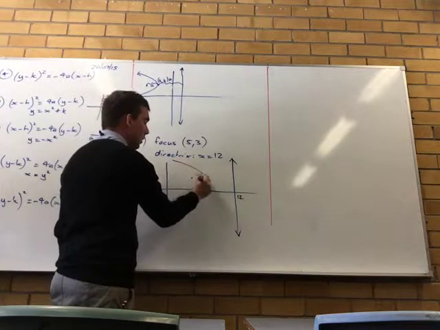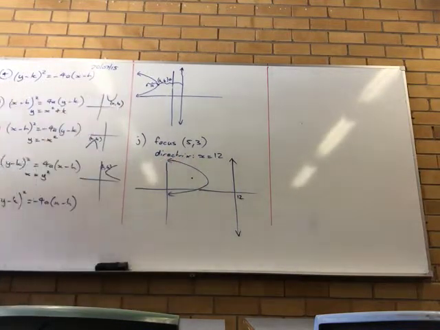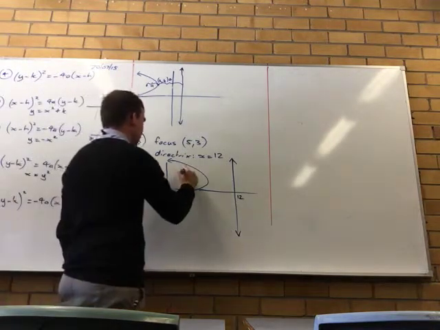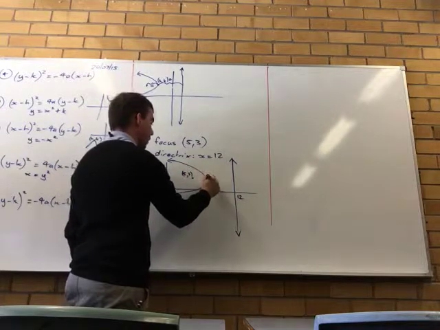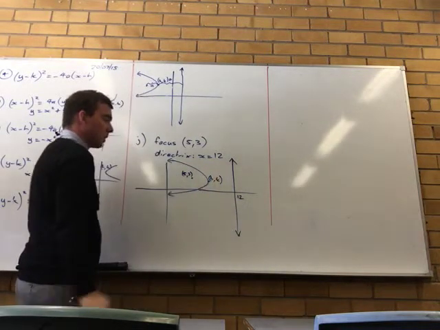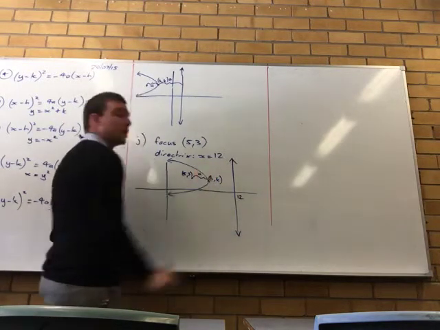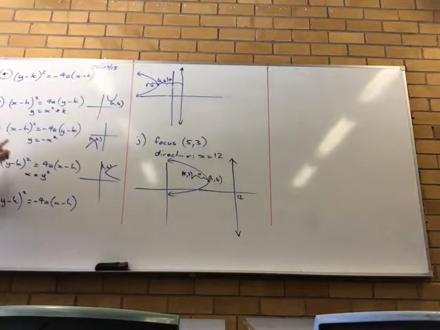So we have a parabola of this format there. Alright, so we're at 5, 3. We need to find the centre, h, k, and we also need to find the focal length. So we can substitute it into this equation here.